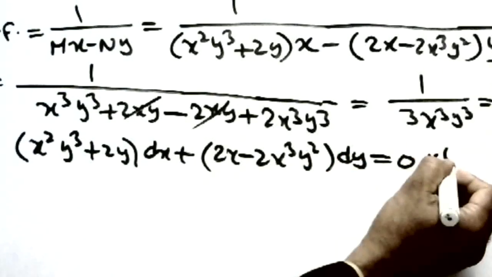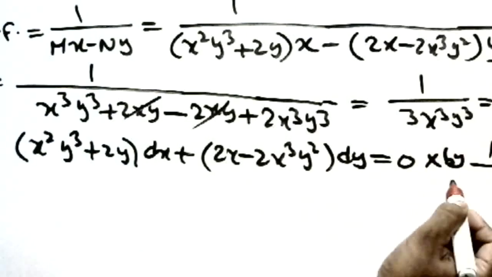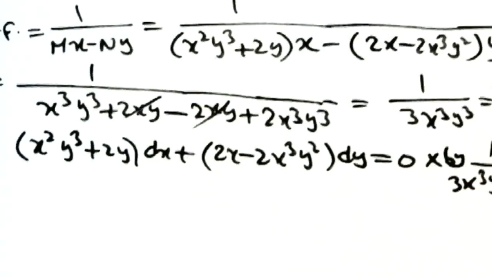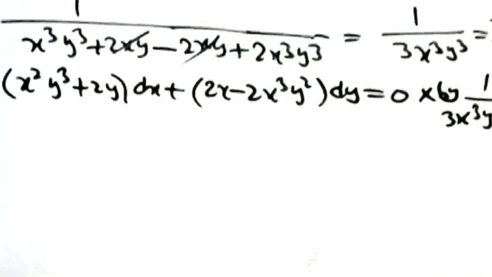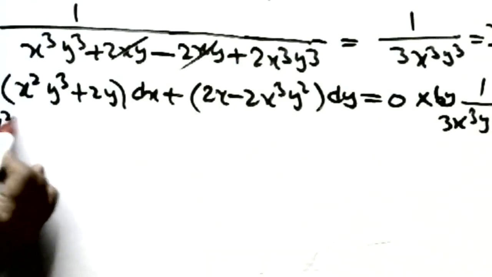Now we have to multiply by the integrating factor, 1 by 3x cube y cube. So let me multiply each term.